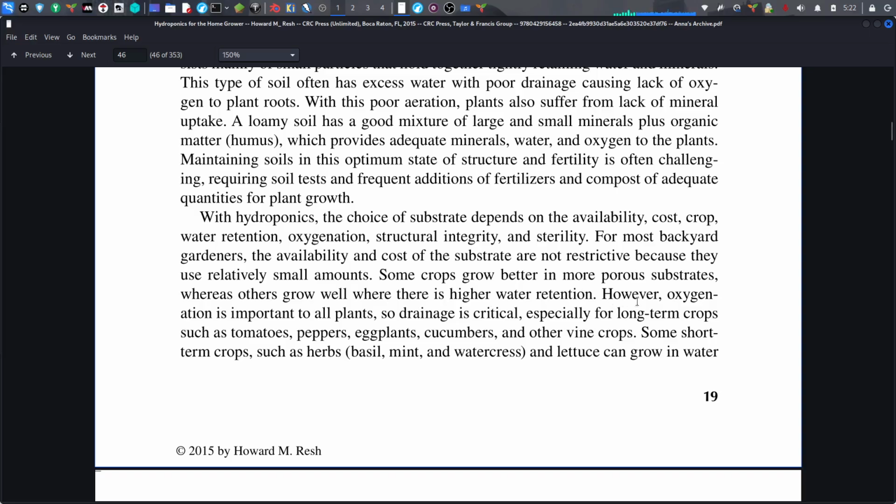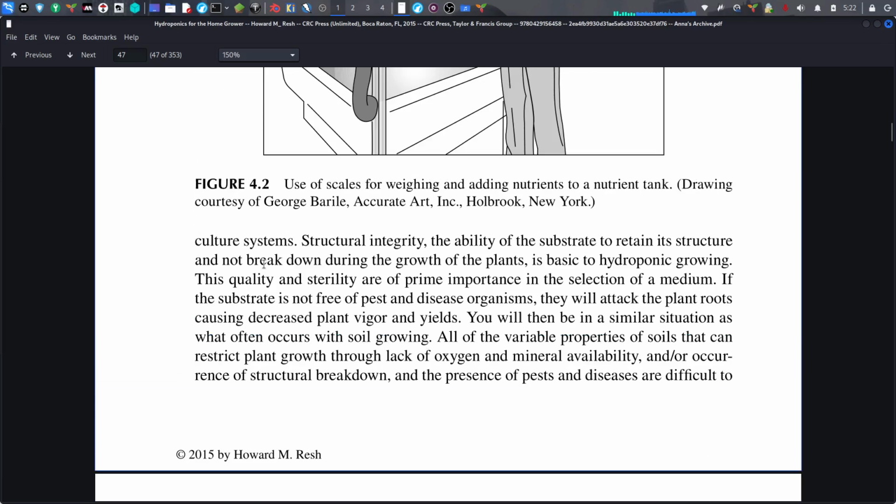especially for long-term crops such as tomatoes, peppers, eggplants, cucumbers, and other vine crops. Some short-term crops such as herbs, basil, mint, watercress, and lettuce can grow in water culture systems.